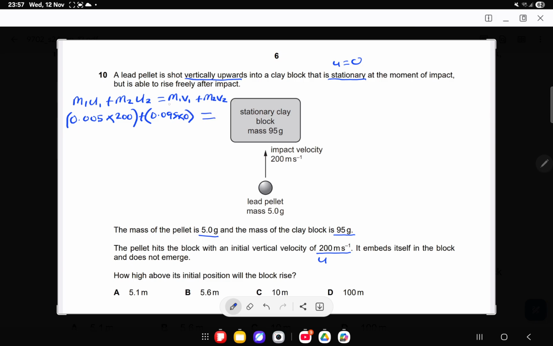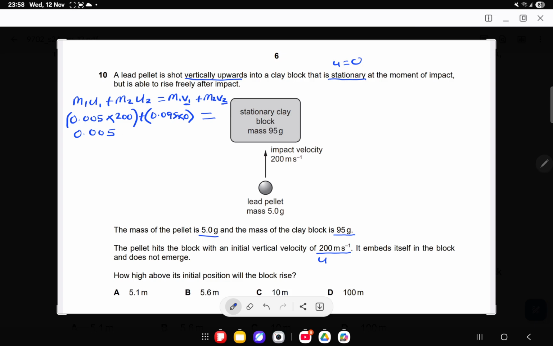This is equal to, so for the momentum after the collision, my mass in this case, for the first one, hasn't changed, which is still 0.005. But remember, the body is now moving at the same velocity, which means that this V1 and V2 are the same.